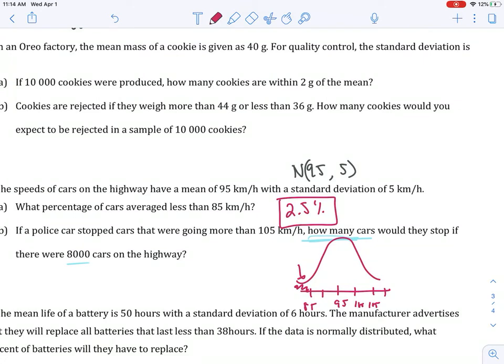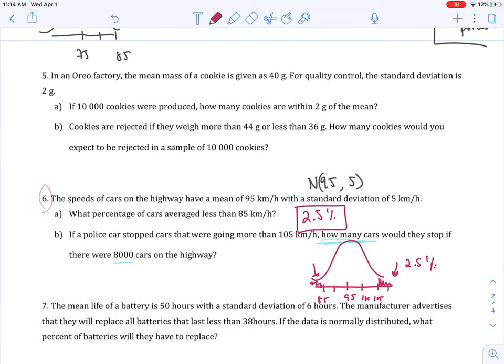Oh no, I go up 2 standard deviations, which means they are stopping 2.5% of the cars. So 2.5% of the 8,000 cars gives me 200 cars. They are stopping 200 cars.